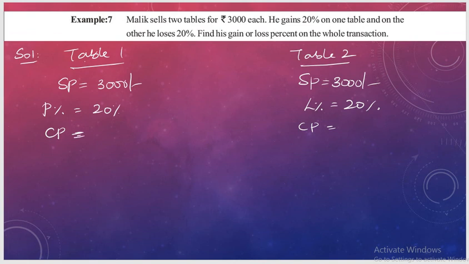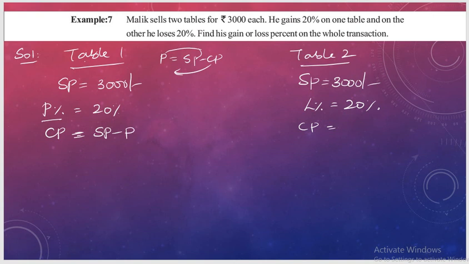So what is the formula of cost price when profit is given, and as well as when loss is given? So what do we know? Profit is equal to SP minus CP only, no? So from this, cost price is nothing but selling price minus profit.